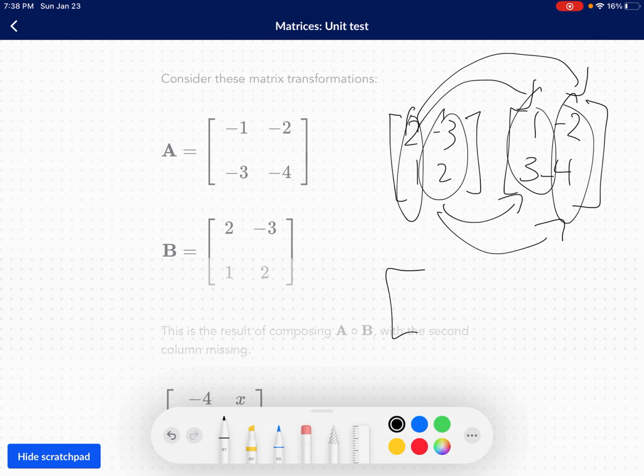So 2 times 1 is 2. 1 times 3 is 3. Add both of them up, and you get 5. And then, wait, 2 times 1 is 2. 1 times 3 is 5. And then you do, no wait, no, that's not how you do it. I got mixed up. Well, let me undo a bit.